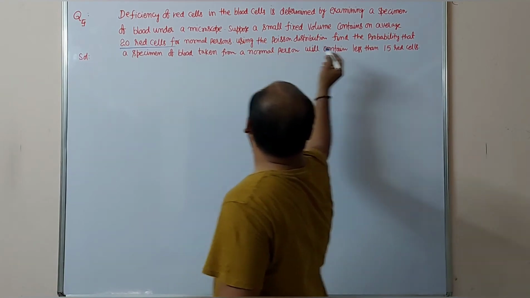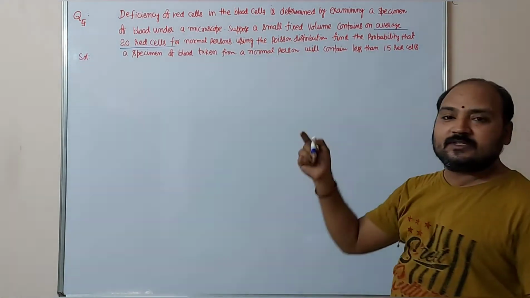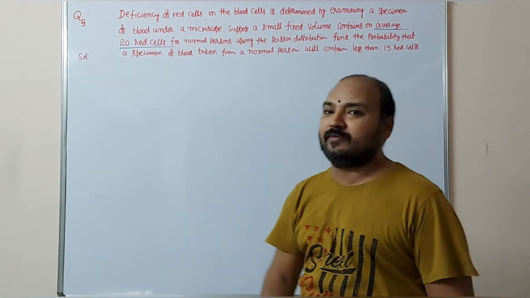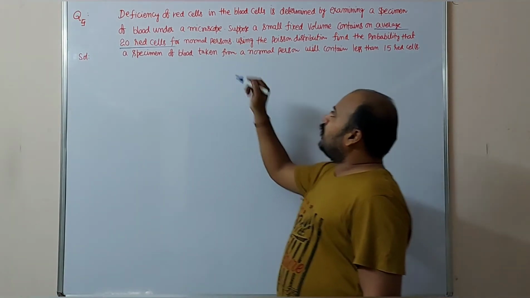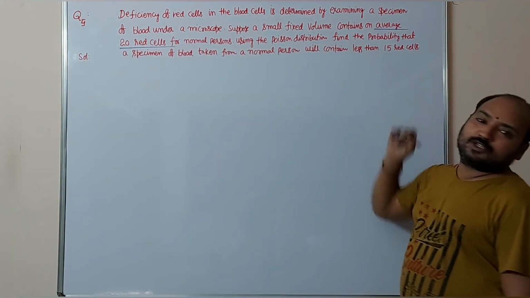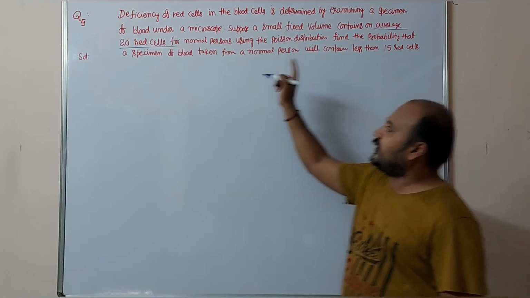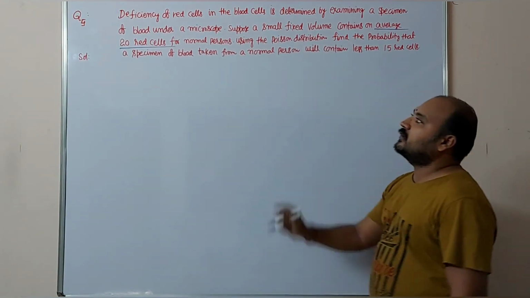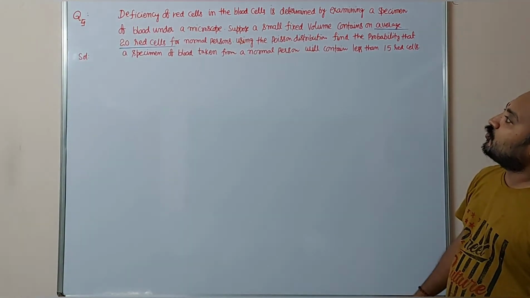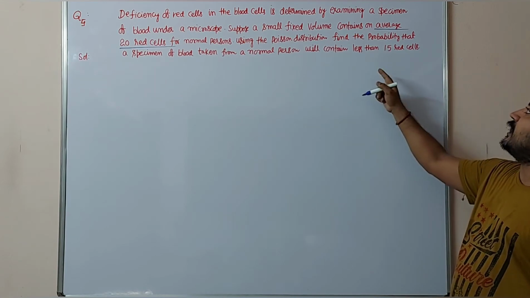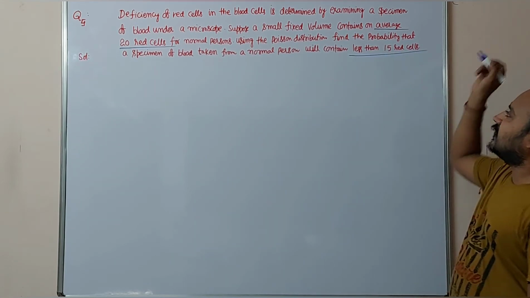Average of 20 red cells means lambda value is given, parameter is given. For a normal person, using the Poisson distribution, find the probability that a specimen of blood taken from a normal person will contain less than 15 red cells.